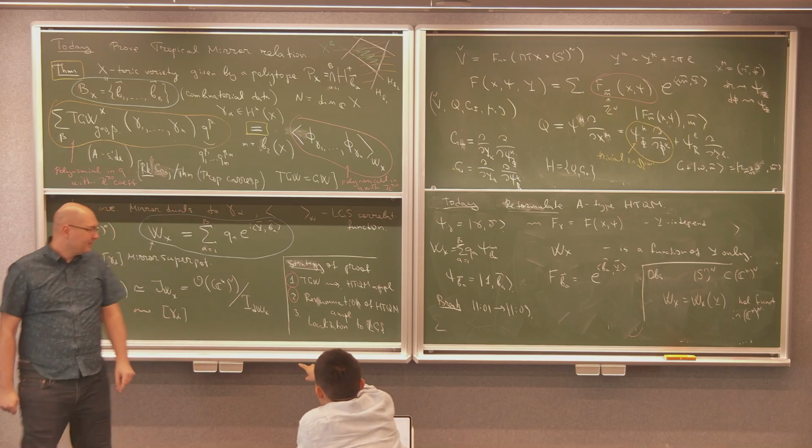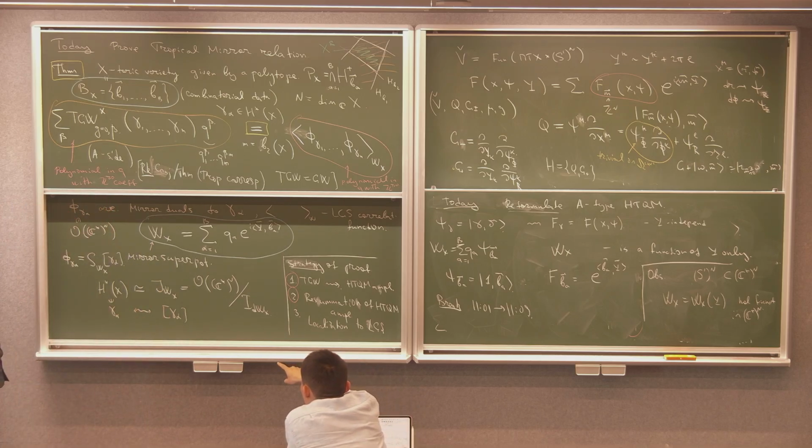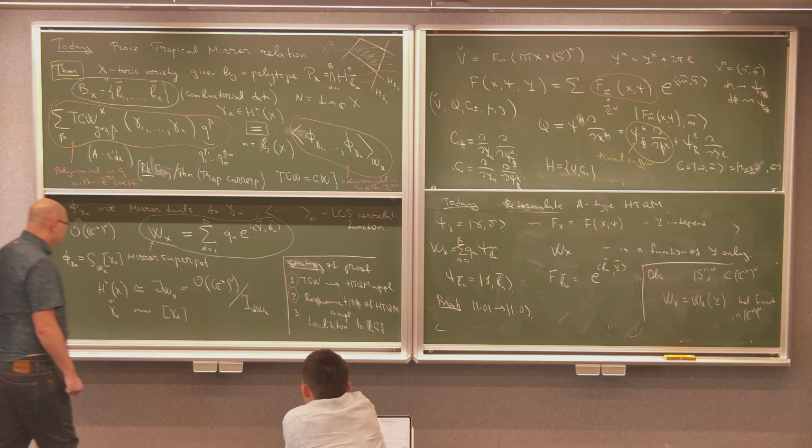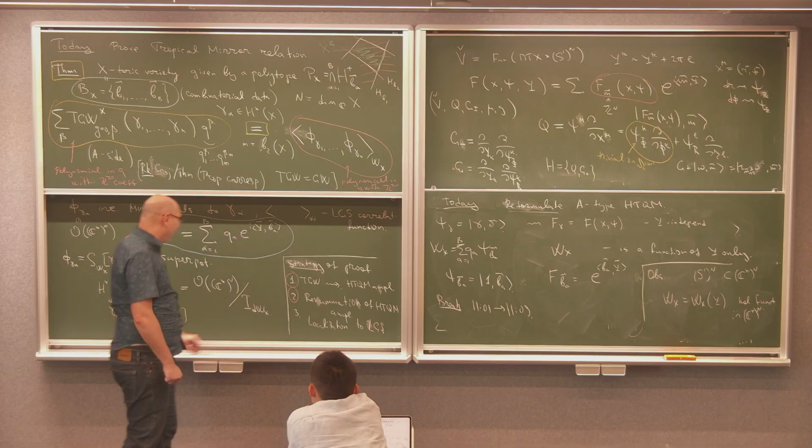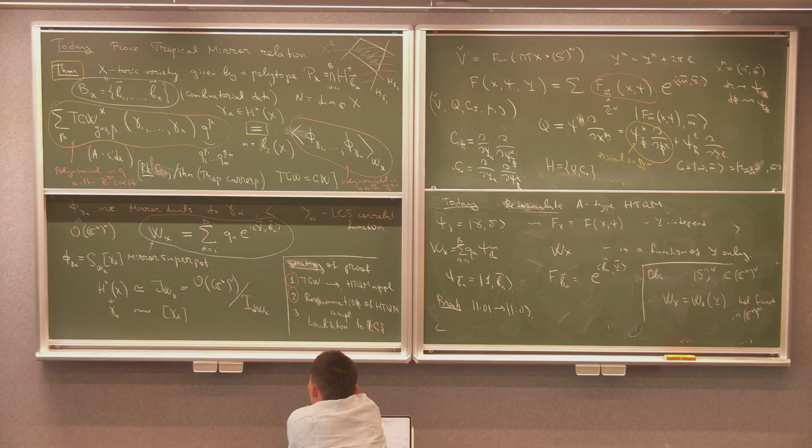Let me ask. Here, can you remind how we can go from the homology to the Jacobi ring? Because now we have the recipe to get the superpotential W of x. But why does this Jacobi ring appear? So that was part of a standard mirror construction.